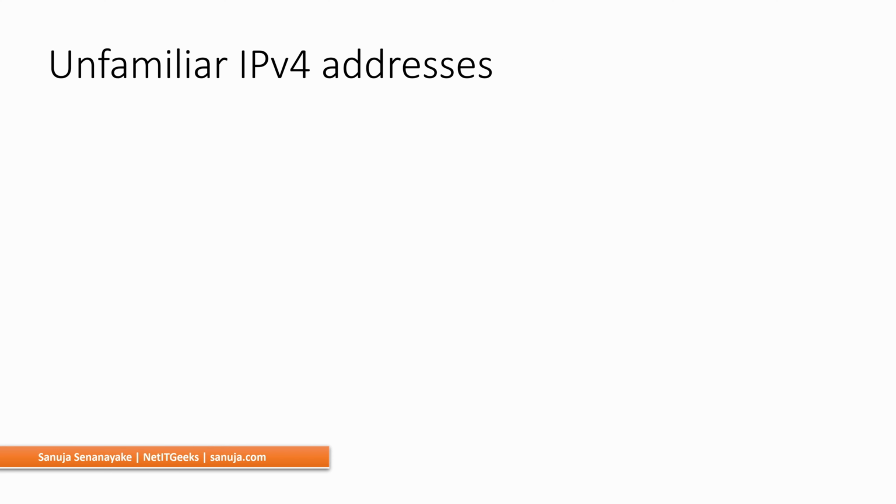Another thing I want to point out in this overview is unfamiliar IPv4 addresses that you may be familiar with. Have you ever heard of APIPA addresses, which sometimes you get and cannot be routable?